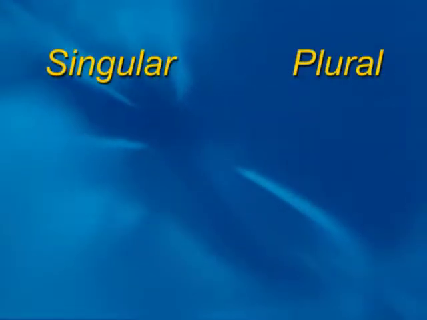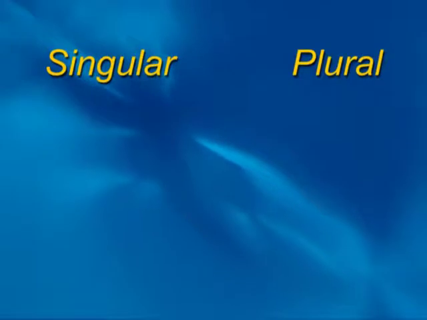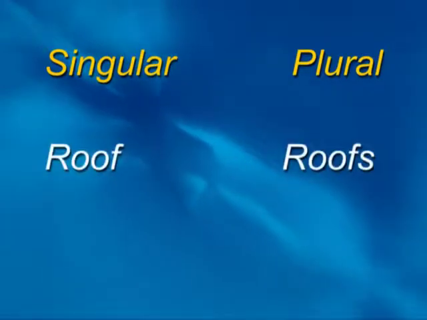There are some anomalies which need to be discussed. If we have f or fe at last, we simply add s, such as singular roof, plural becomes roofs.